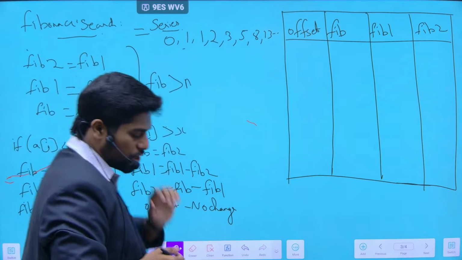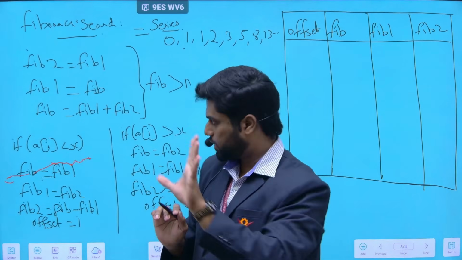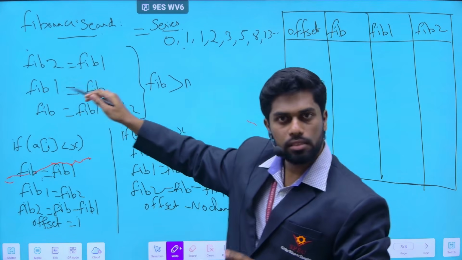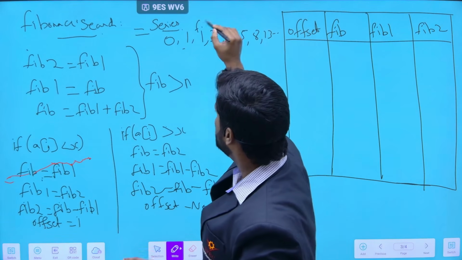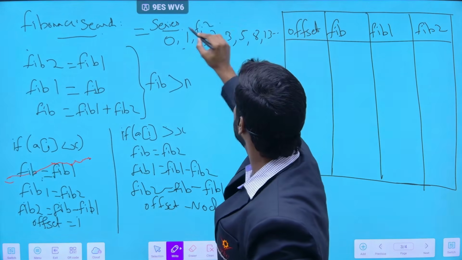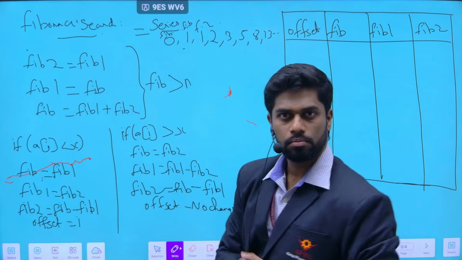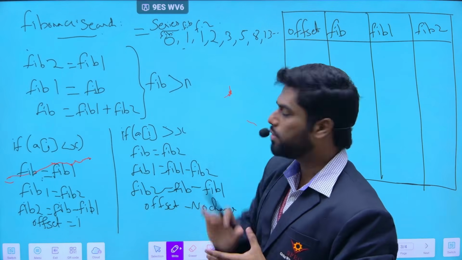These are the initial steps for Fibonacci search. First, let your Fibonacci series be fib 2, fib 1, and fib.